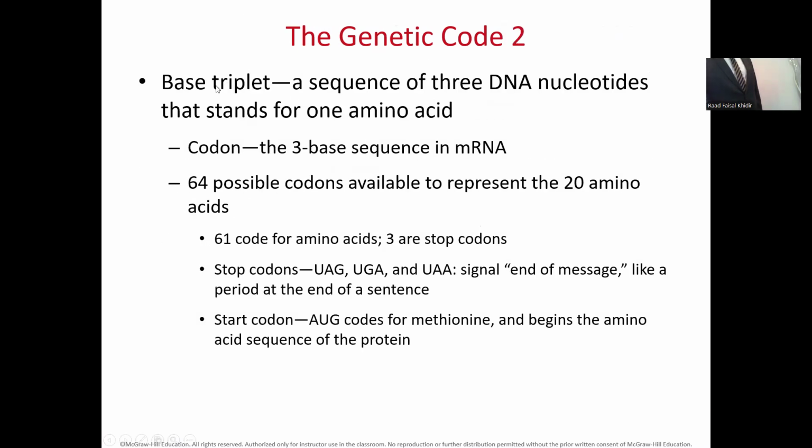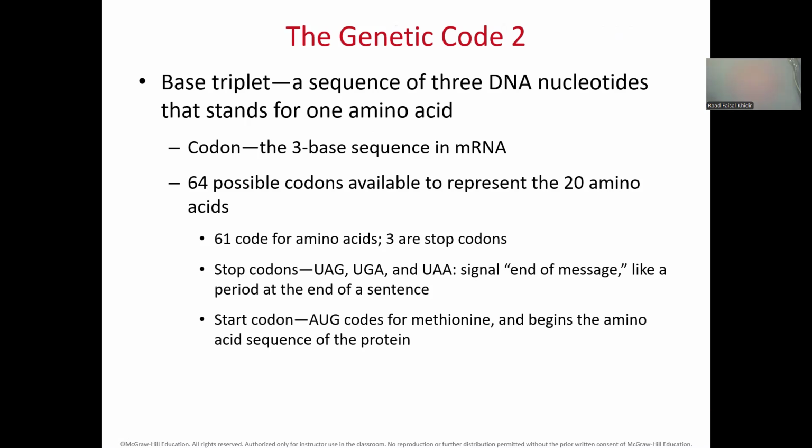So it's a base triplet. A sequence of 3 DNA nucleotides stands for one amino acid. The 3 nucleotides make up a codon, the 3 base sequence in the mRNA. The codon is what we get from transcribing the DNA.